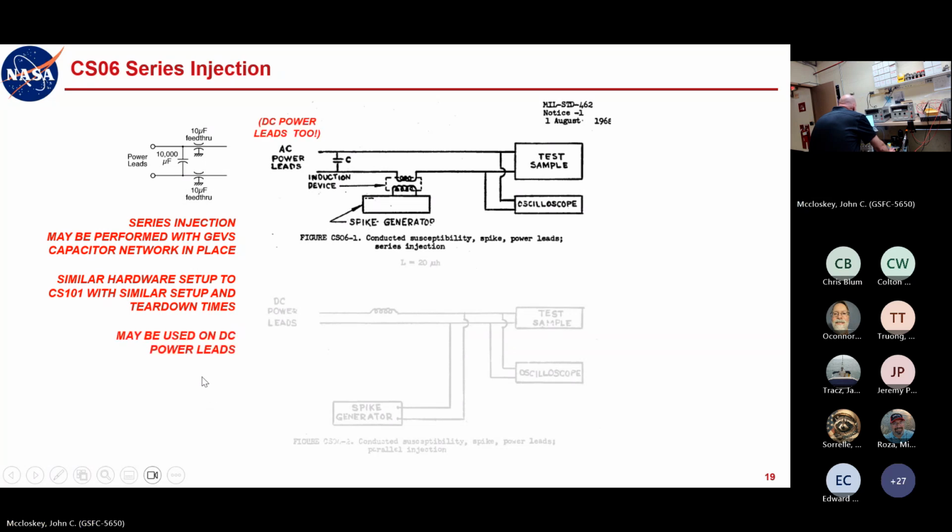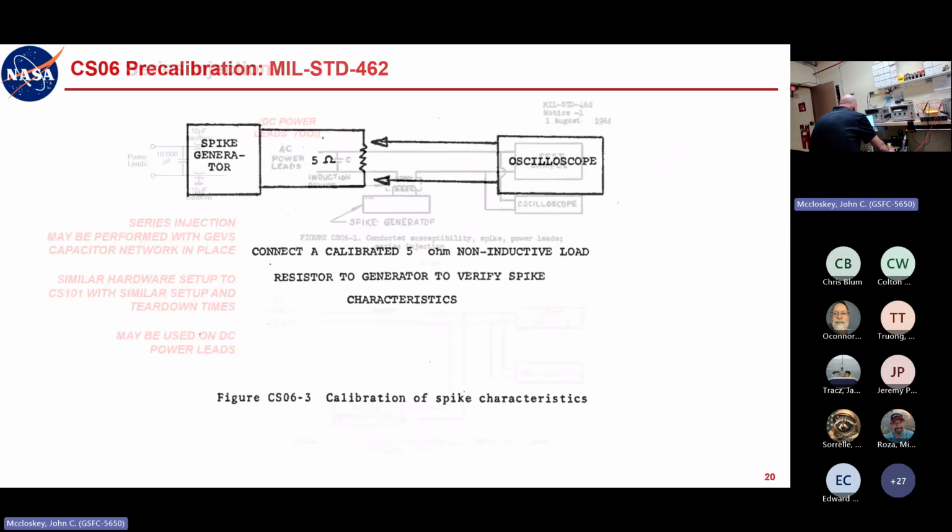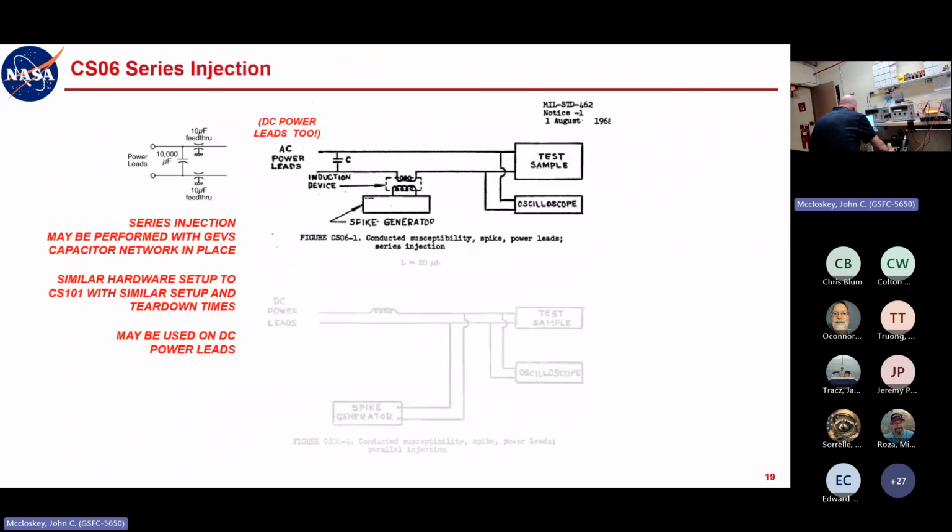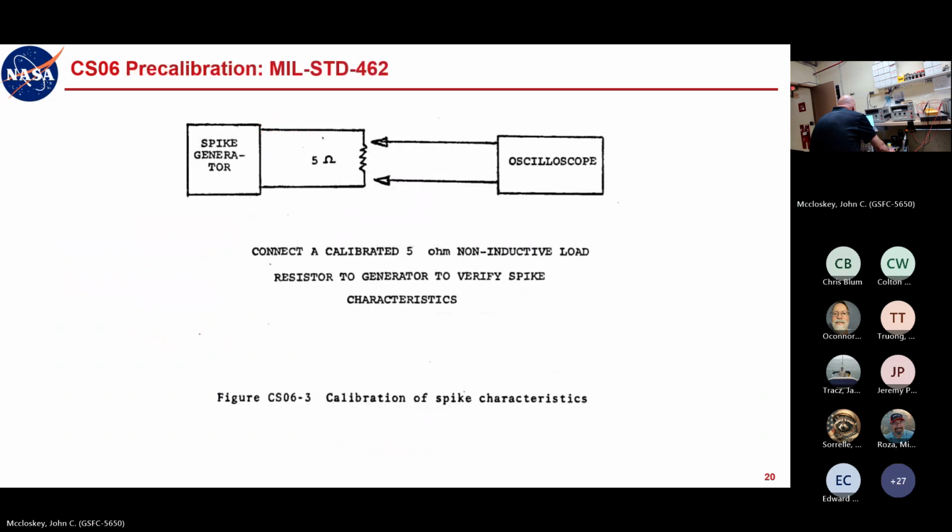And I don't get too hung up on AC power leads. You can do this on DC power leads. It's just fine, and we've done it successfully many times. So nothing's stopping you from doing the parallel injection technique if you really feel strongly about it. It's just, you know, if I'm in charge of the test campaign, we're doing series injection.